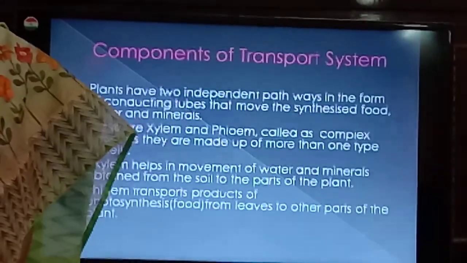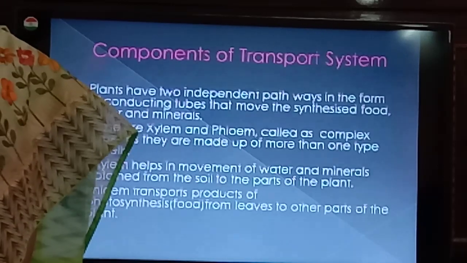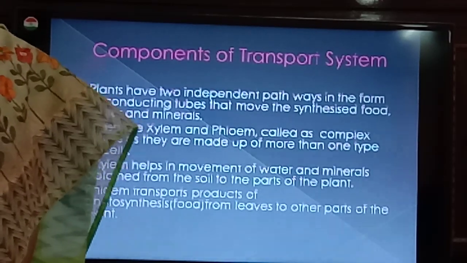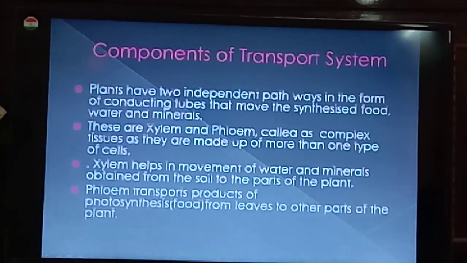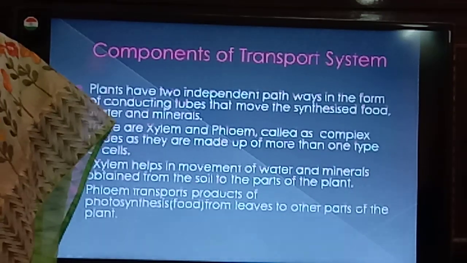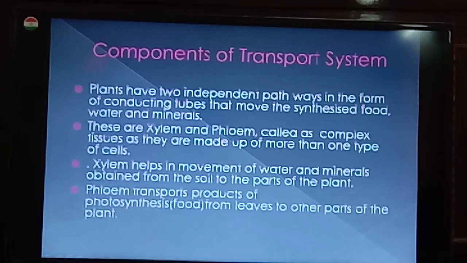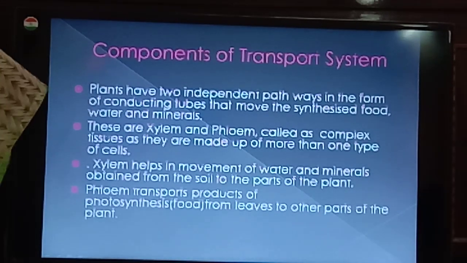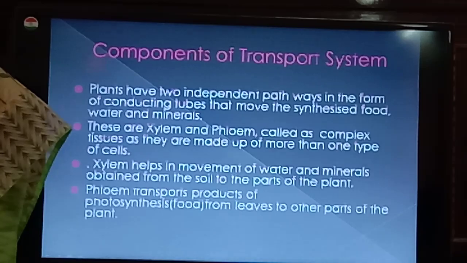And what are those tissues helpful for this transportation? Xylem and phloem. Xylem helps in transport of water and minerals, and phloem helps in transport of food. Now, let us see more about this xylem and phloem.